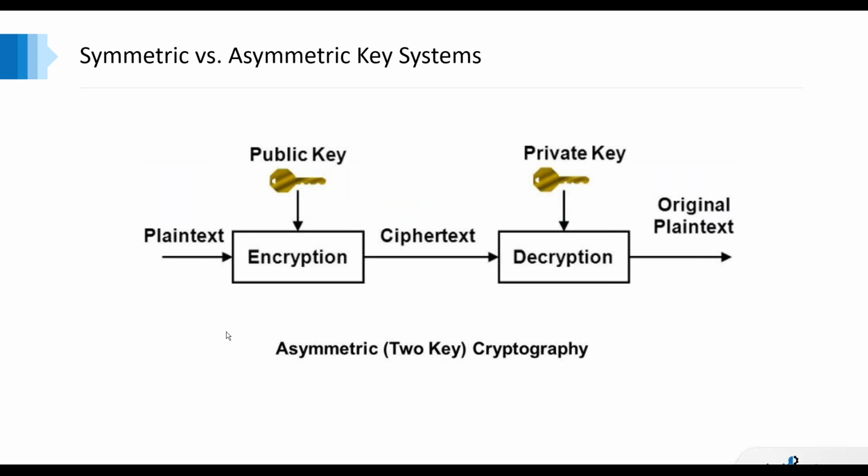And so you'll have the two keys, the public key for the encryption and then a private key to decrypt. You're not going to distribute that private key, and so you're not going to have to use one or the other of these key systems. You can actually use both of them. So a symmetric key for the data at rest on the system, and an asymmetric key when you have to share that data outside with someone else. And the decision about which type you're going to use is really going to depend on what you're trying to accomplish.